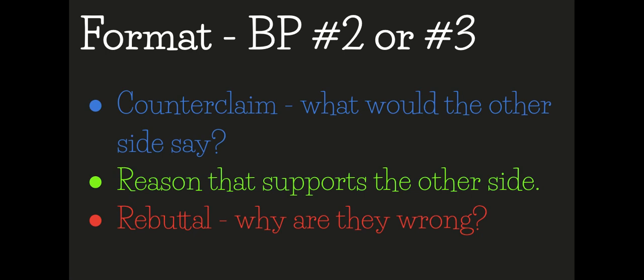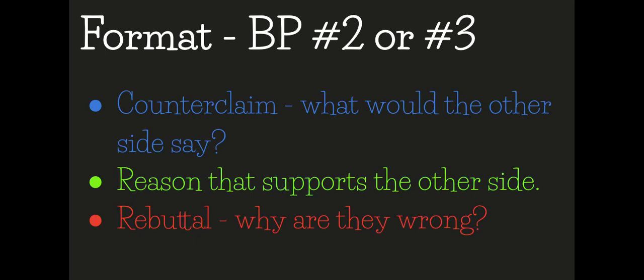In this case, the counterclaim and rebuttal paragraph might be a part of your second body paragraph, or it might just be its own separate third body paragraph. That kind of depends on your style of writing and how you want to format it. So you could put it in its own paragraph by itself, or you could include it as part of your second body paragraph with your second subtopic, okay?